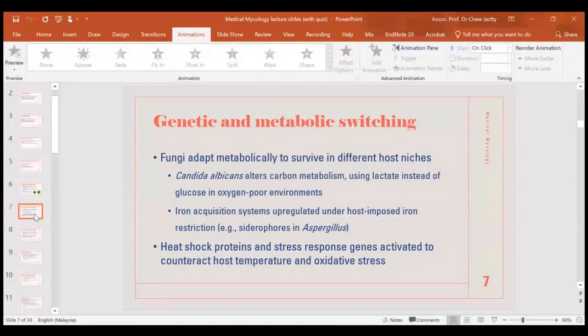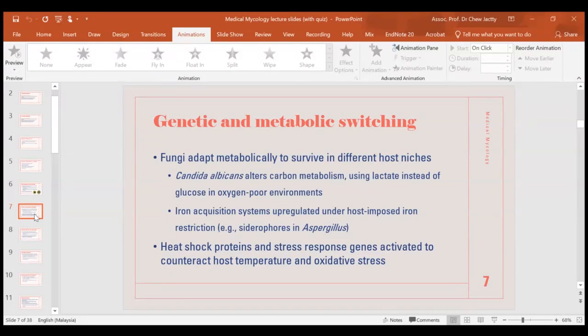Also, Aspergillus species can form siderophores, which are molecules that help them acquire iron inside the host environment. What I'm trying to say is that, depending on the conditions in the host, these fungi can change their metabolic activities to enable their best survival inside the host.